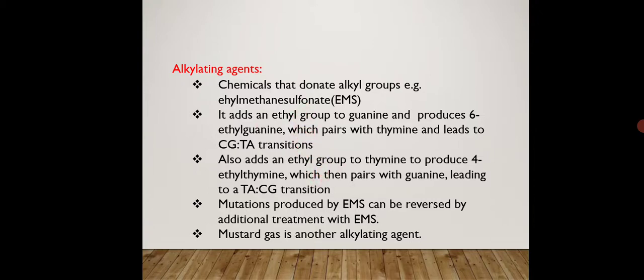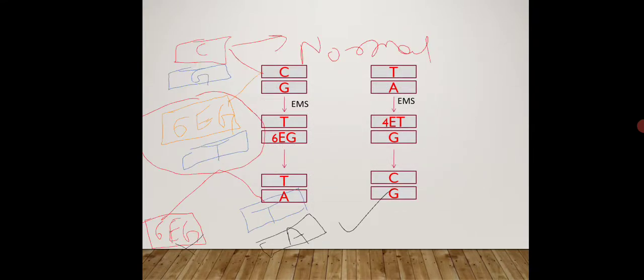What it does, if we look at the mode of action of ethyl methane sulfonate, it is very simple. Suppose this is the normal gene, which consists of cytosine and the complementary guanine.